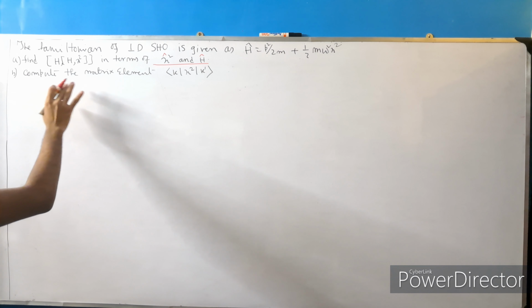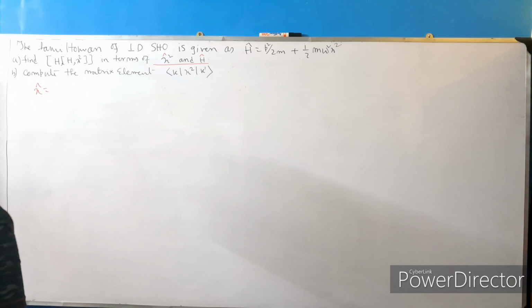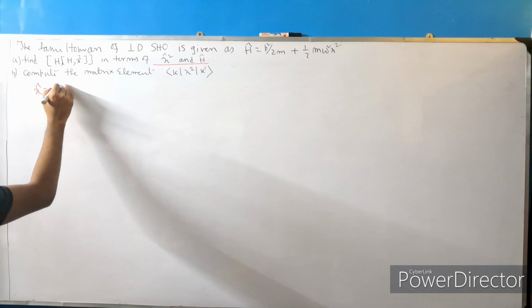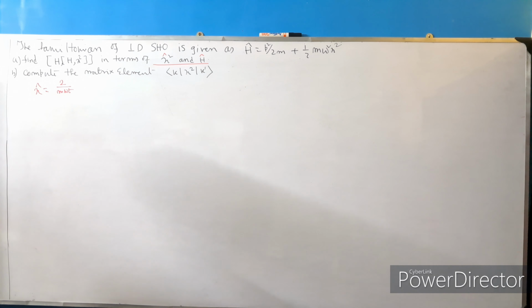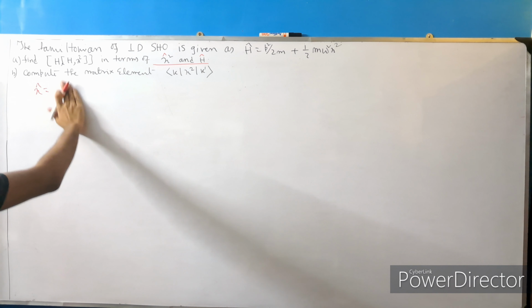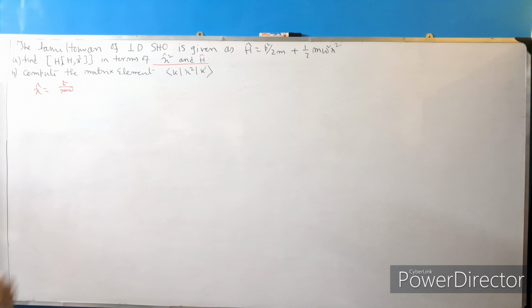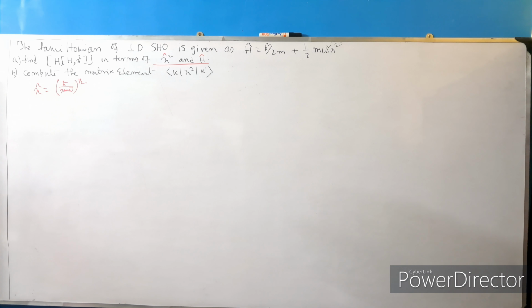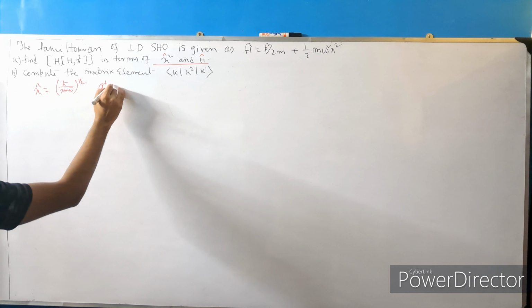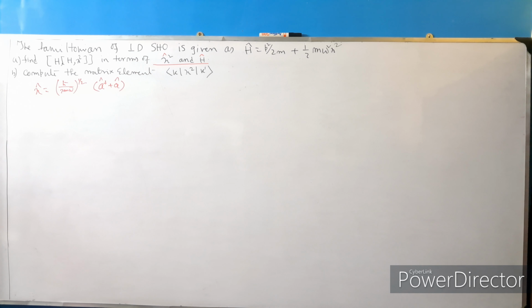Now if I have to compute this thing, at first you have to write what x is for a simple harmonic oscillator, which is basically root over h cut by 2 m omega into a dagger plus a. Okay, but a dagger is the creation operator and a is the annihilation operator.